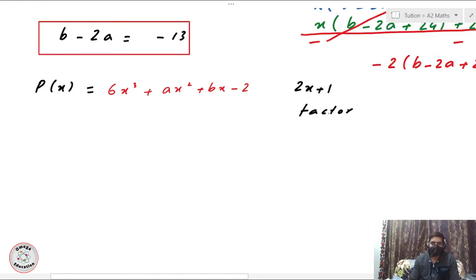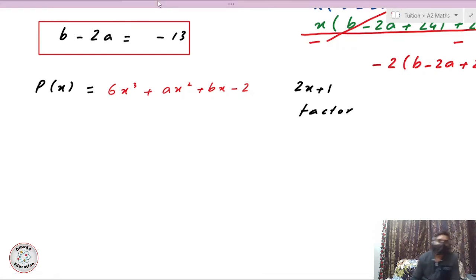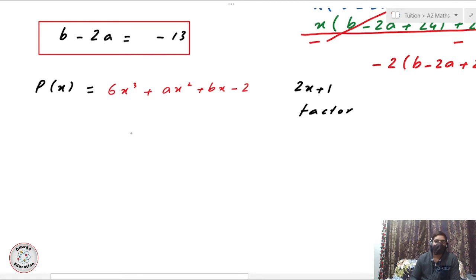Now what do we make of it? Let's try to break it down. If I say I have an expression x squared minus 1, and it has a factor, let's say x plus 1. Matter of fact, it has two factors, x plus 1 and x minus 1. But let's say one of the factors of this polynomial is x plus 1. Now what does that mean?